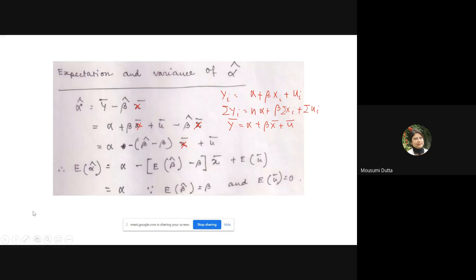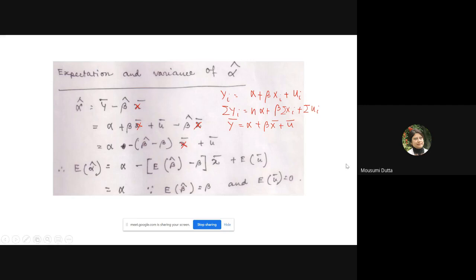Expectation of alpha hat is equal to expectation of alpha, which is alpha, minus expectation of beta hat, and expectation of beta hat is simply beta, into x bar, plus expectation of u bar. Now expectation of beta hat is beta, so this term will be equal to 0. You are getting the value alpha here.